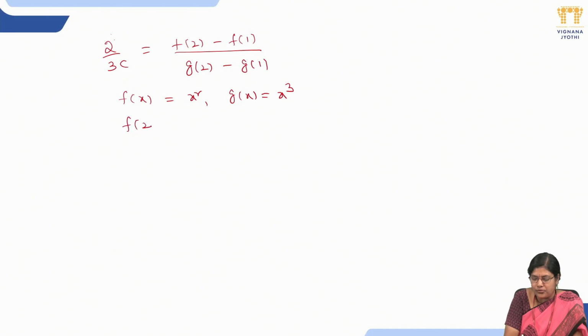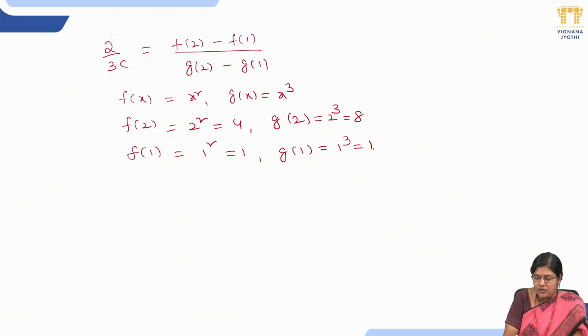Therefore, f of 2 is equal to 2 square, that is 4, and g of 2 is equal to 2 cube, that is 8. Next, f of 1 is equal to 1 square, that is 1. G of 1 is equal to 1 cube, that is 1.